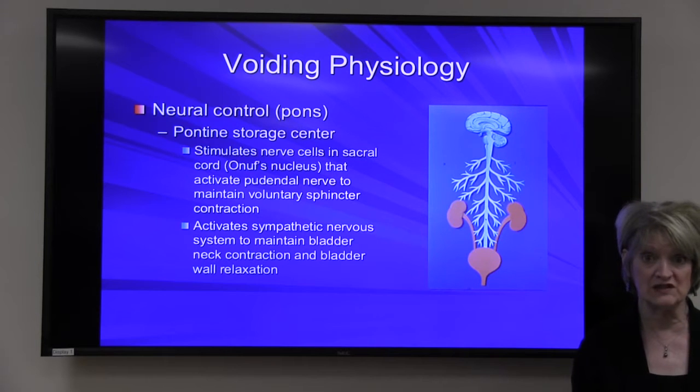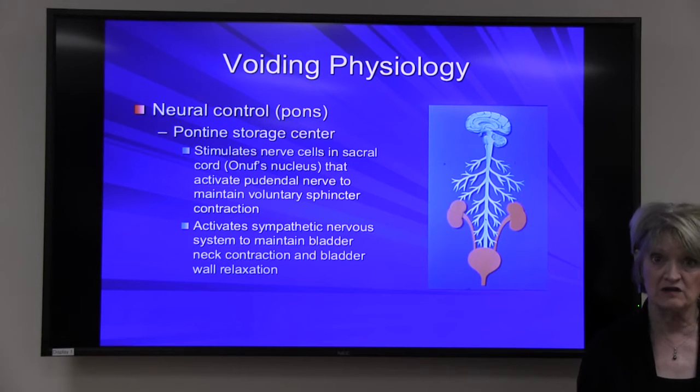So the pontine storage center has several nerve pathways that it controls. The first is a set of nerve cells in the sacral cord that are known as Onuf's nucleus. Now, we're not going to ask you Onuf's nucleus, but I do want you to know that the pontine storage center controls this group of nerve cells in the sacral cord.